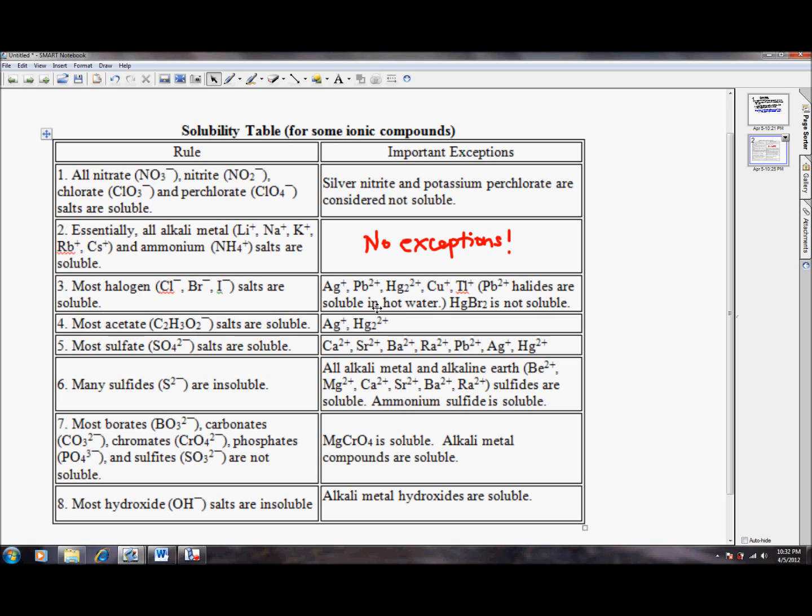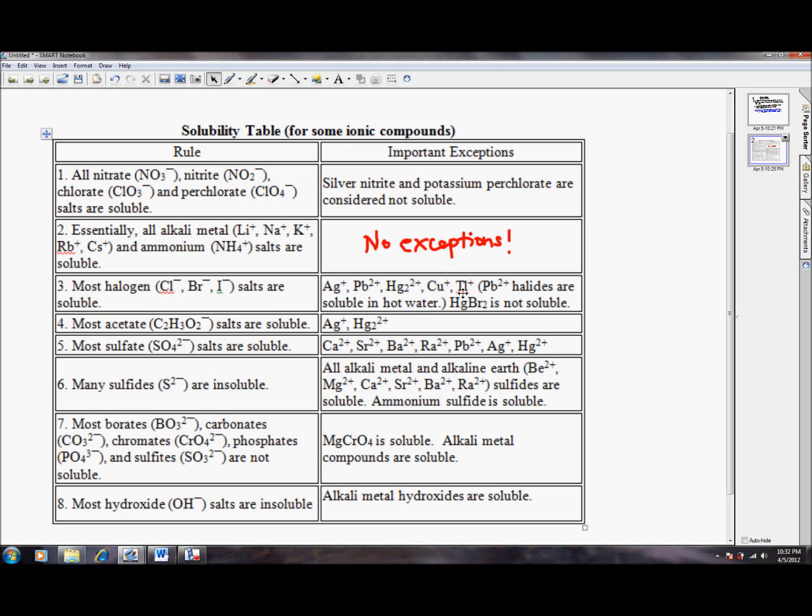There are a bunch of exceptions here you have to be really careful with. So if you have silver with one of these, lead +2 with one of these, okay, this little funny guy, which is actually mercury 1. This is a very interesting and kind of oddball diatomic metal polyatomic ion kind of thing. Copper 1.